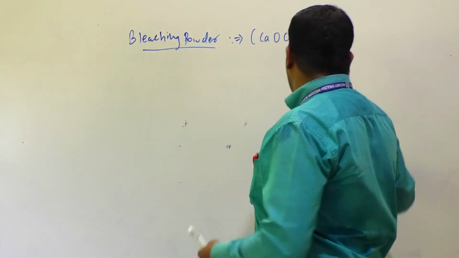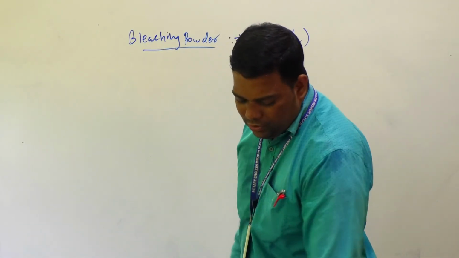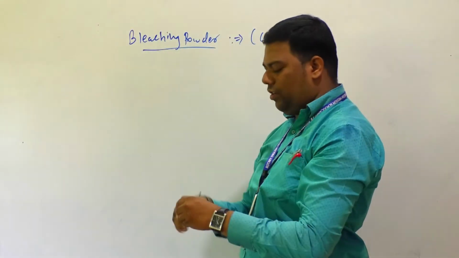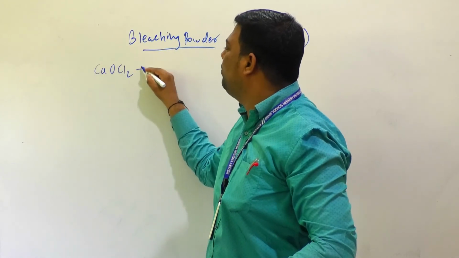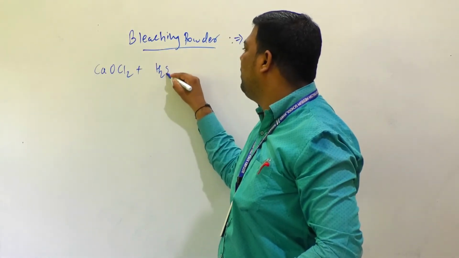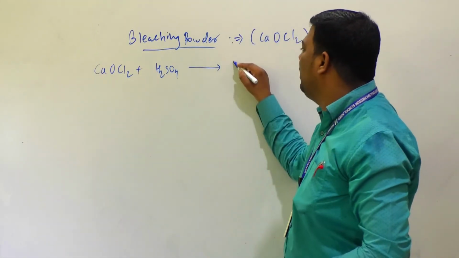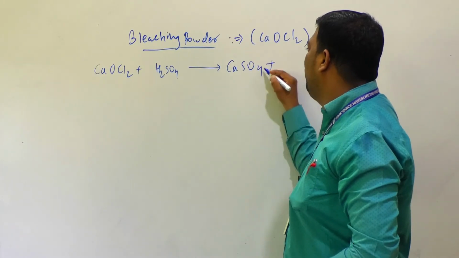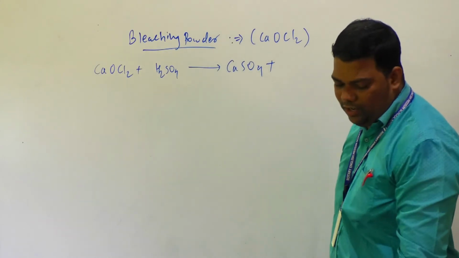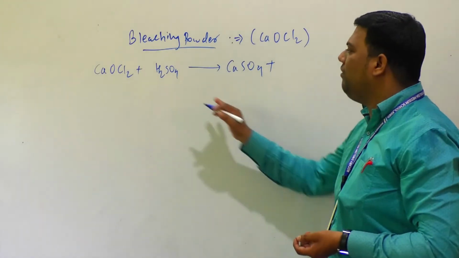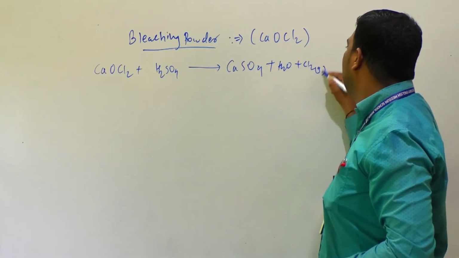Bleaching powder CaOCl2 plus, suppose you take dilute H2SO4, you will get CaSO4, calcium sulfate, plus H2O plus Cl2 gas, which evolves.